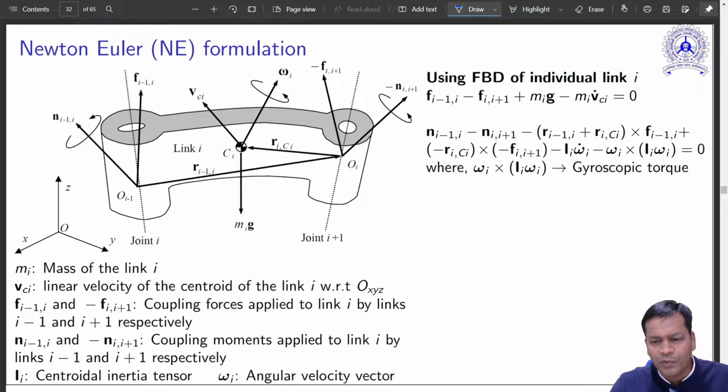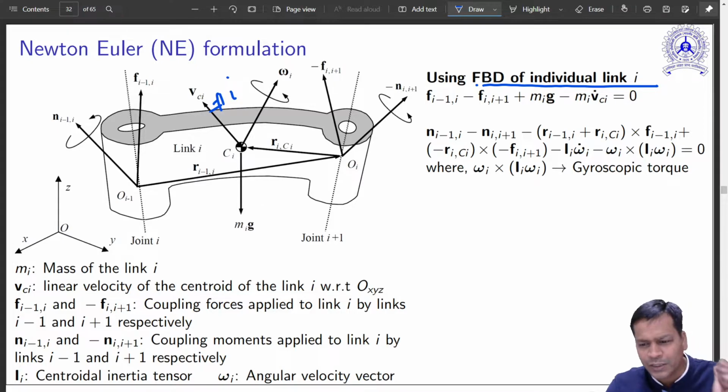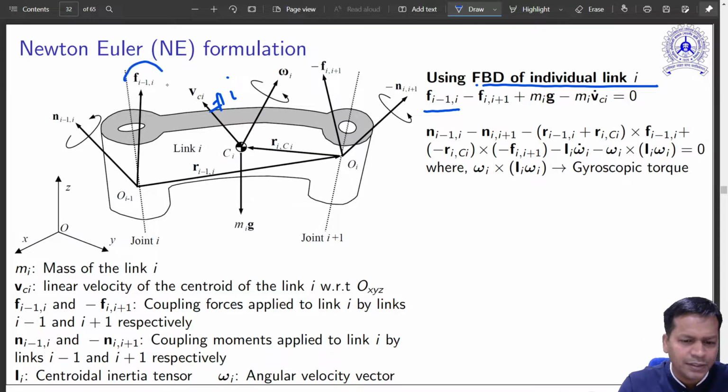Now we'll see the free body diagram of individual link i. This is the link i I am talking about. So this is the force equation. What are the forces that act on it? This one is Fi-1,i, which is because of the link connected before this.